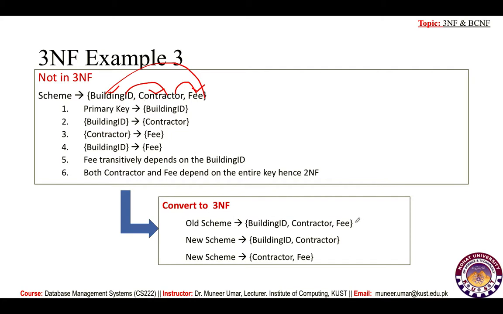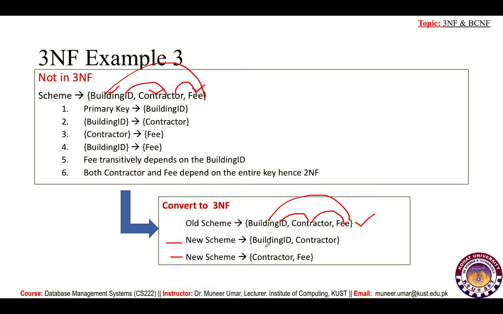This is the old scheme having 3 attributes. It has transitive dependency, so we will remove this transitive dependency by creating 2 new schemes.